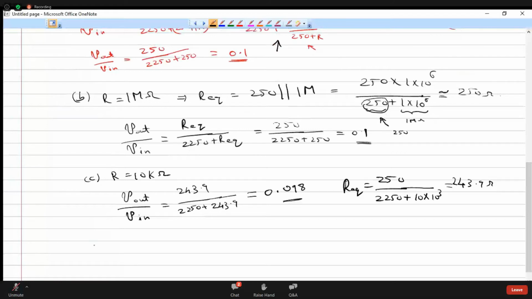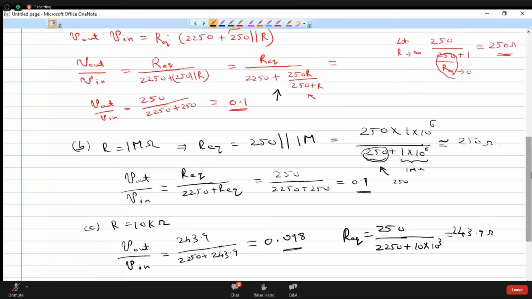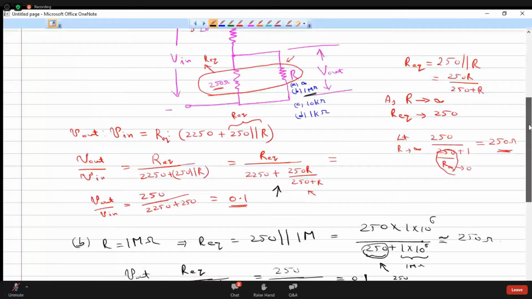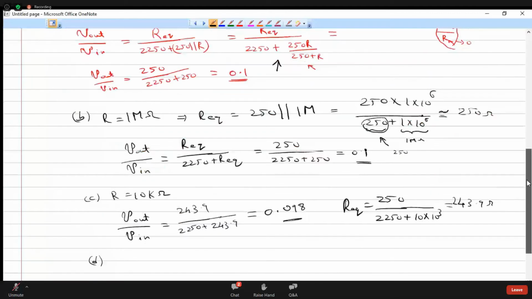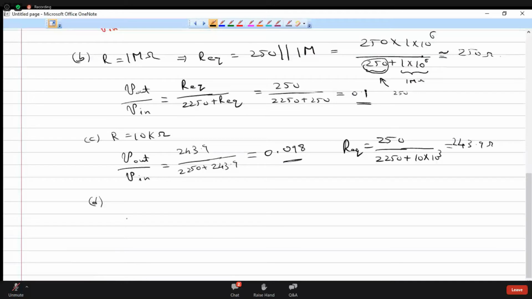Now what happens when the voltmeter resistance is too small, very much comparable to the impedance 250, making it 1 kilo ohm? R is equal to 1 kilo ohm. Then V out by V in, we can see that it is still dropping.